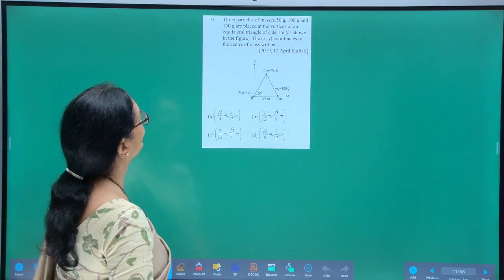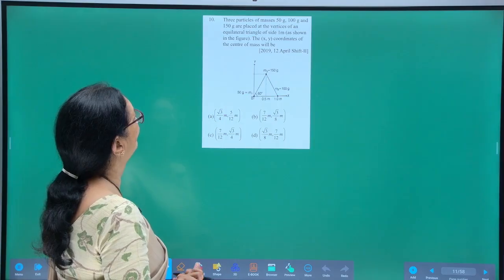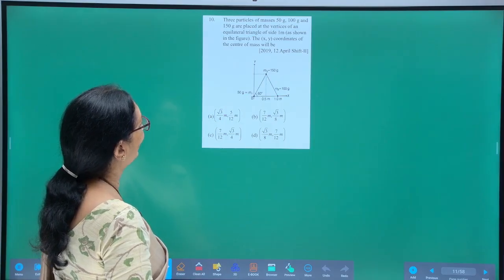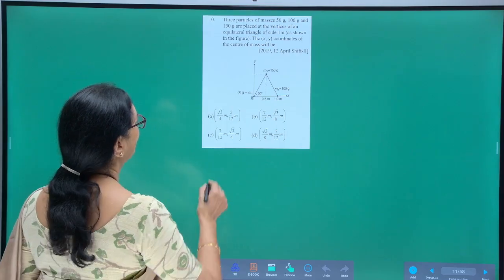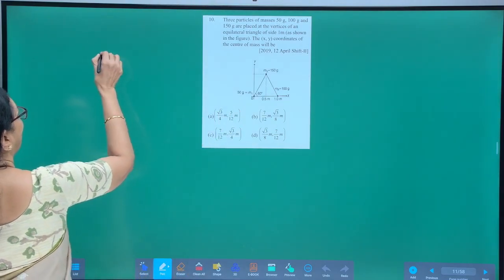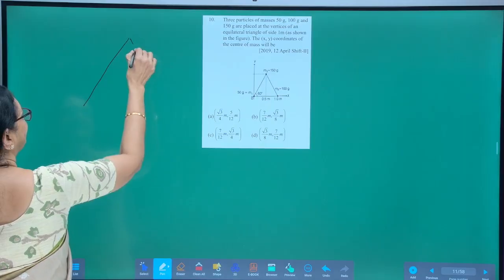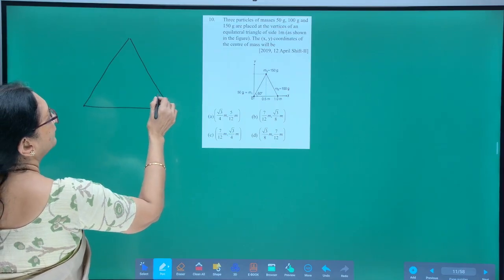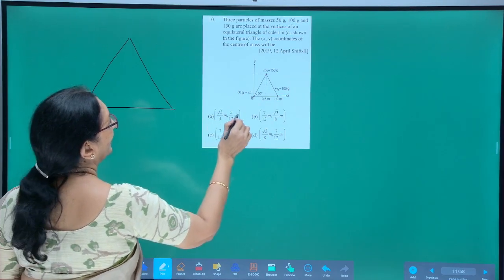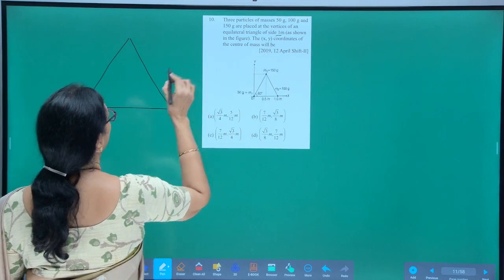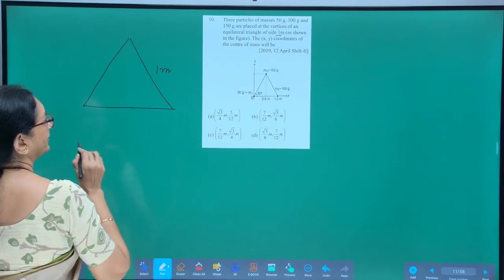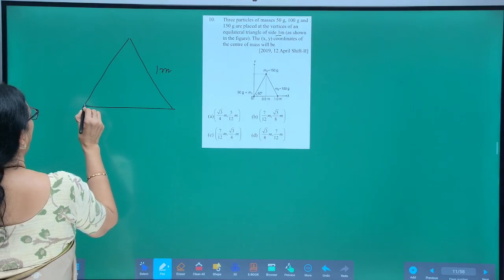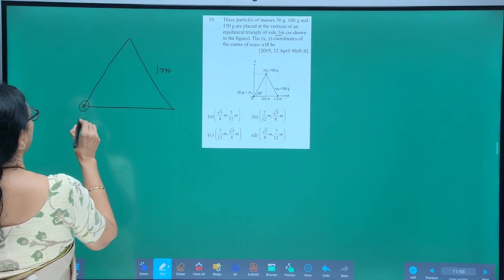Look here, 3 particles are arranged at the vertices of an equilateral triangle as shown. Find the coordinates. See here, I am just redrawing the same thing. This is an equilateral triangle of side, how much? 1 meter. Side length 1 meter. 3 particles. This is taken as the origin.